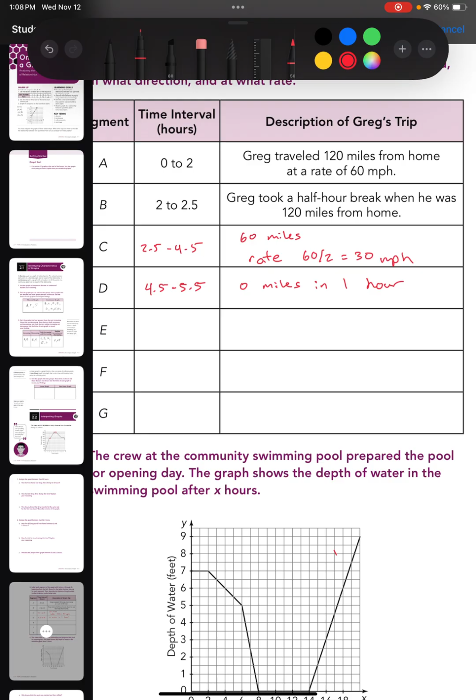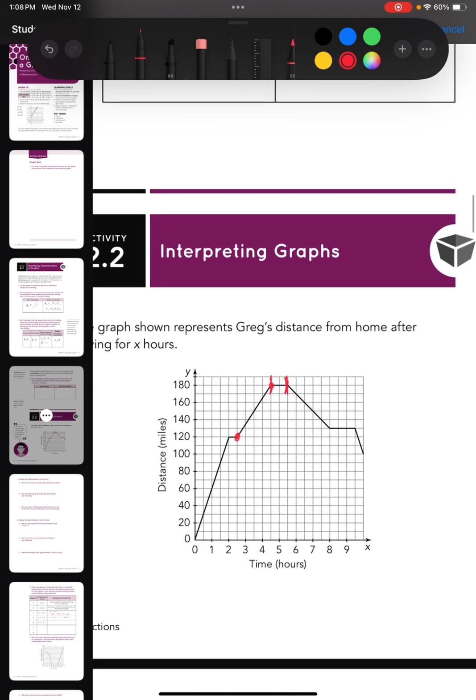And then the next part of the segment of the graph is 5.5 hours to 8 hours. So again, going back to our graph, change colors here. 5.5 is here to 8. So now it looks like he's coming closer to home. So he went from 180 down to 130. So he traveled 50 miles during that time period.